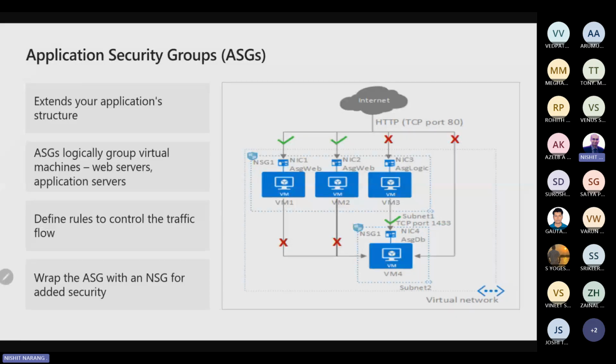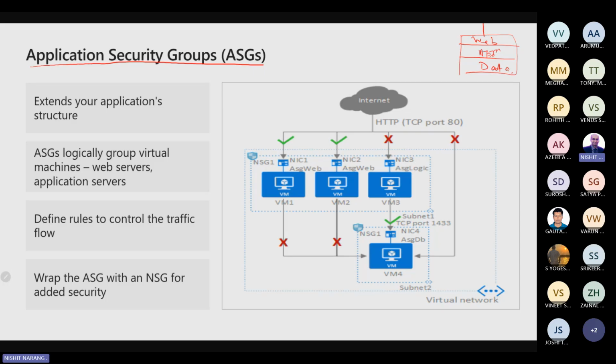Microsoft Azure extends that concept to applications also. There is this concept of application security groups as well. Okay. So if you take that example of a web application again, and web application, as I mentioned earlier, has a 3-tier architecture: web, which connects to the internet, then application where the bulk of your logic is, and then the data. 3-tier architecture. Let's say I have 4 VMs, VM 1, 2, 3, and 4.